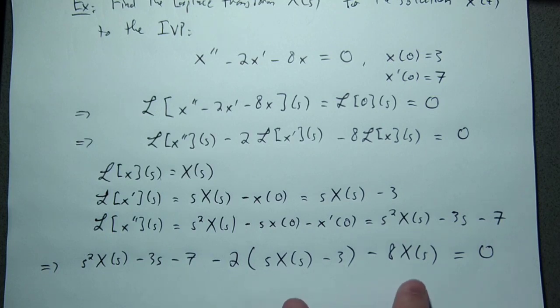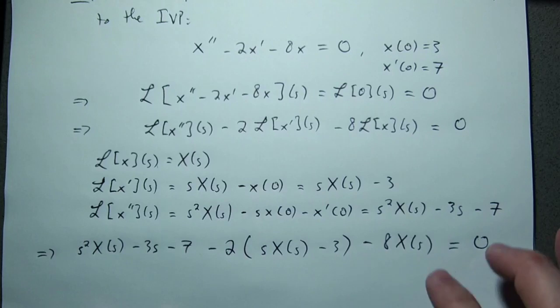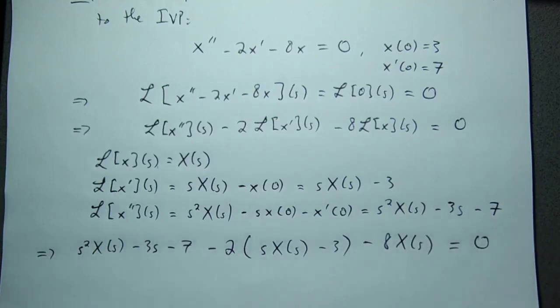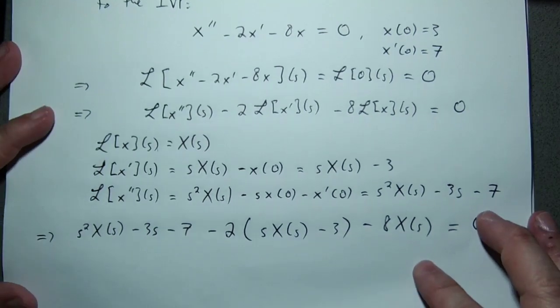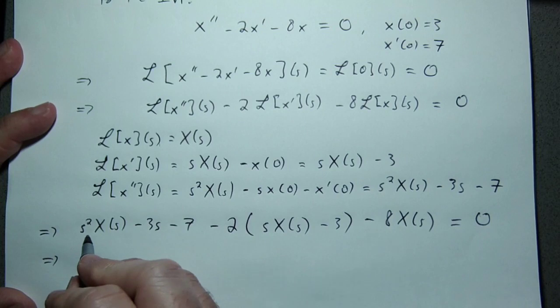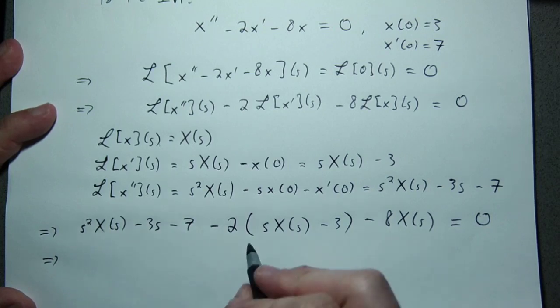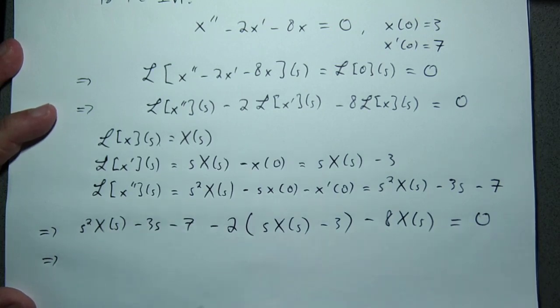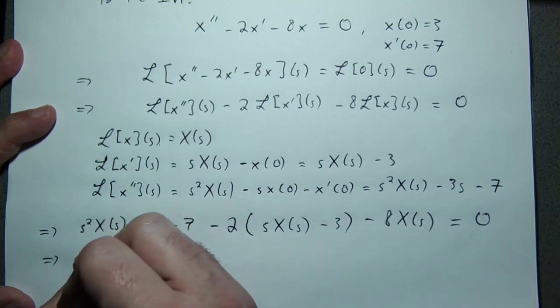So I want to take all of the terms that involve a big X of s and separate them and simplify what's left. So let's do that. Here, I have s squared X of s minus 2s X of s minus 8 X of s. Factoring, what do I get?